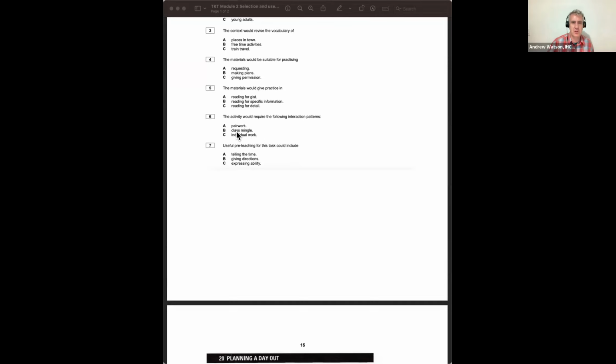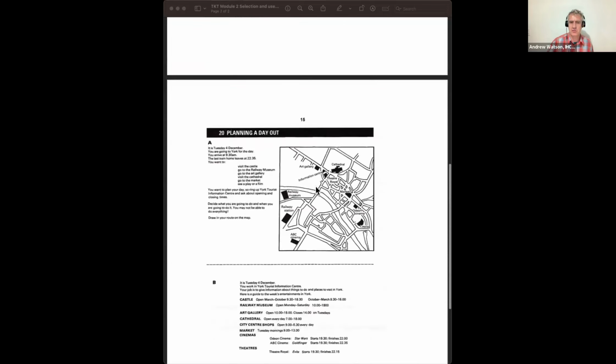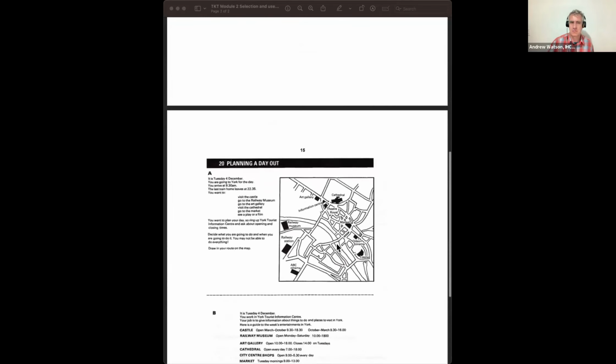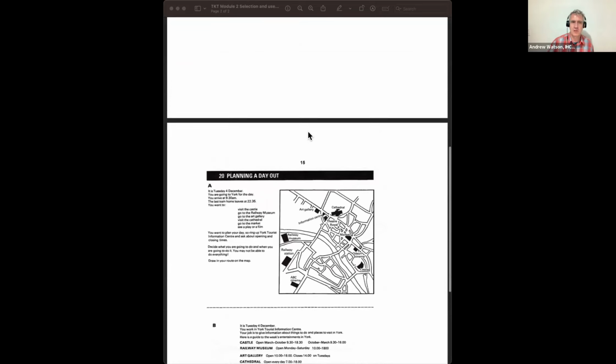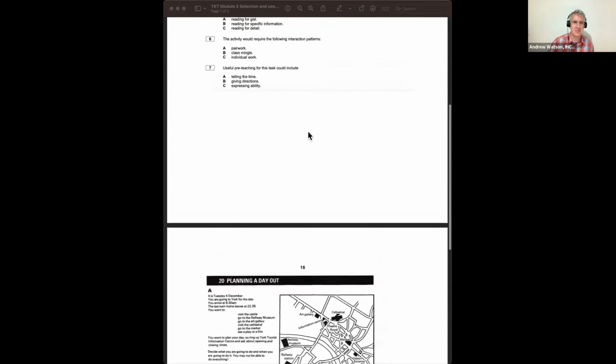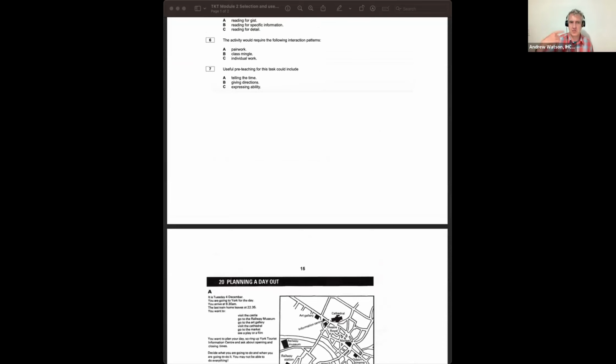It would be classwork or class mingle, but not individual, because you couldn't do this on your own. It would be impossible, really. It's designed to be done in pairs or moving around the class, but everyone working in pairs. Useful pre-teaching would be telling the time or giving directions, but not expressing ability. So the unsuitable one is C.